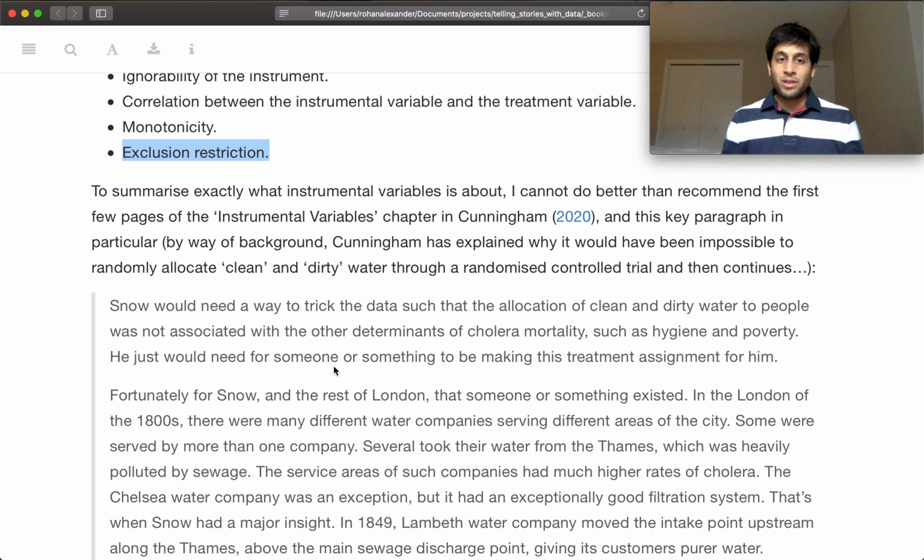To finish up the introduction, I really recommend Scott's book in terms of instrumental variables. I'll just quote from this book. In the lead up to this quote, Scott has talked about the cholera person, Jon Snow, the person who discovered that cholera is waterborne.